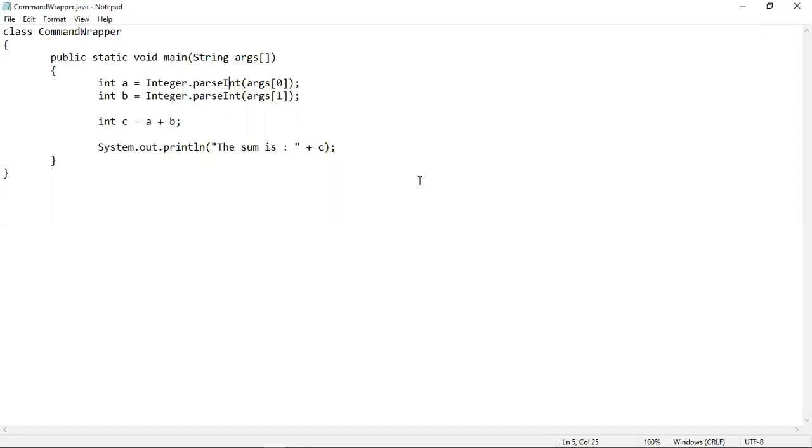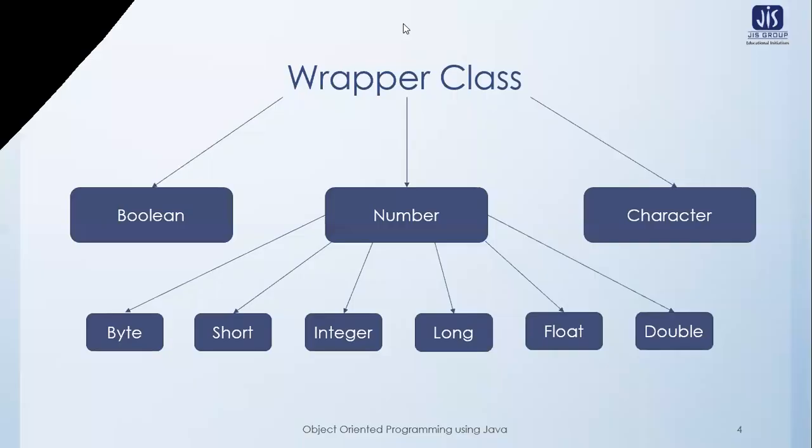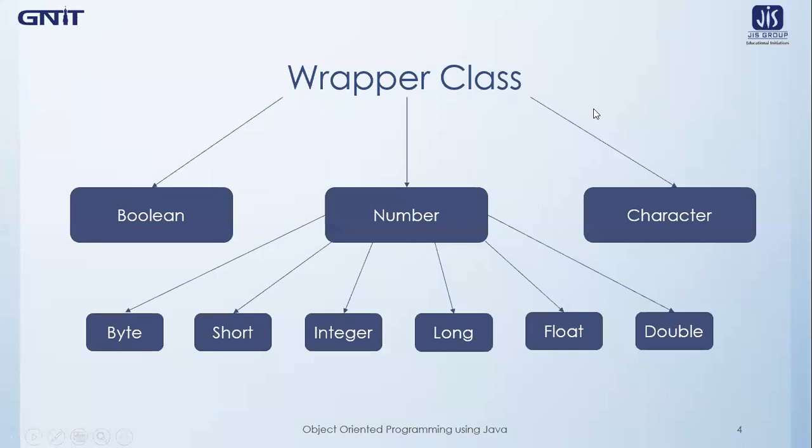After that you can do whatever operations you wish on those values. So this is a wrap for today's lecture. Today you have learned what command line arguments are, what the uses of wrapper classes are, and how you can use wrapper classes in order to take inputs into a Java program as command line arguments.